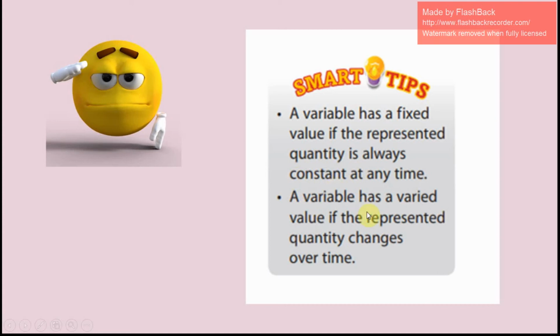A variable has a variable value if the represented quantity changes over time. That means the value always changes. That's why we call this a variable value.